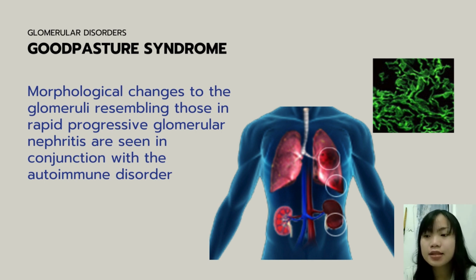Ang lab findings naman para kay Goodpasture syndrome ay macroscopic hematuria, proteinuria, RBC cast, and anti-glomerular basement membrane antibody. Kasi merong attachment ng autoantibody sa basement membrane followed by complement activation na nagpo-produce naman ng anti-glomerular basement membrane antibody. So, ang specimen naman na ito o itong antibody na ito ay nadidetect sa serum.